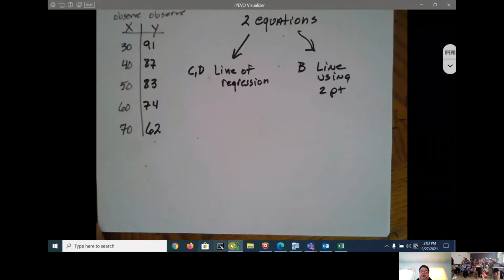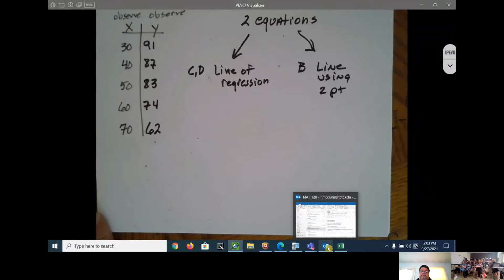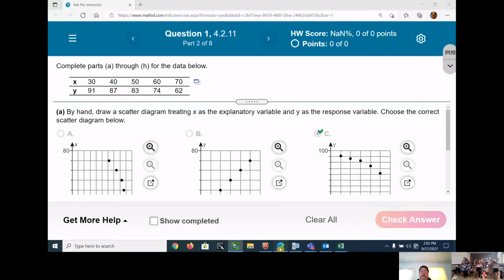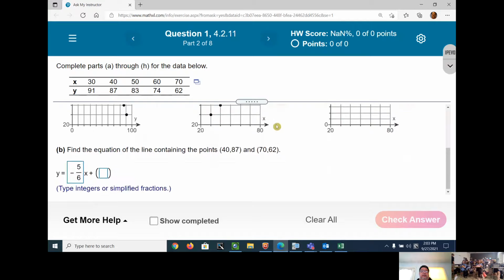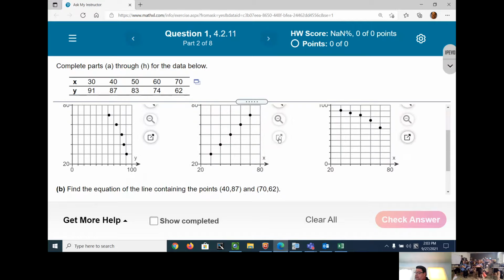Trying to find the question. Where's the question? There it is. And they're wanting to use 40, 87, and 70, 62.